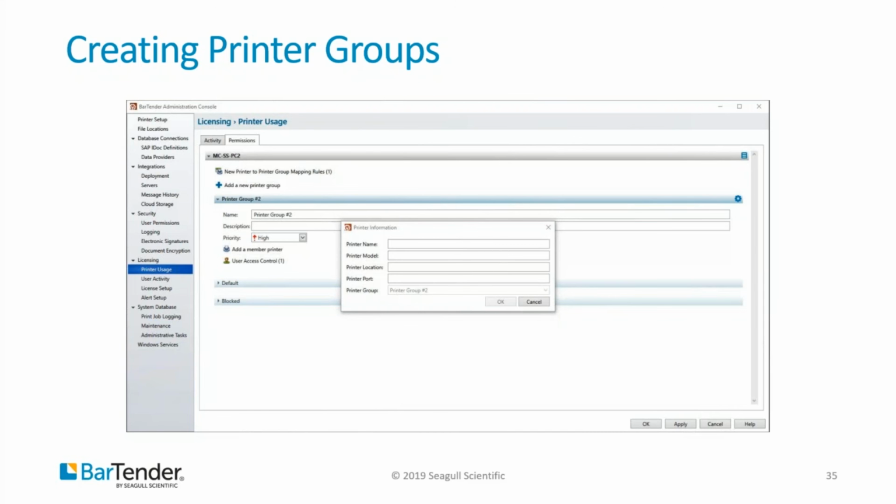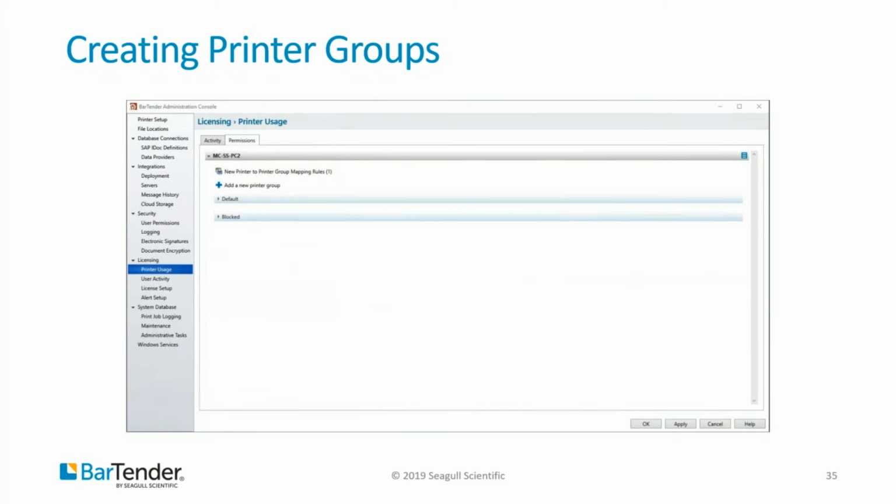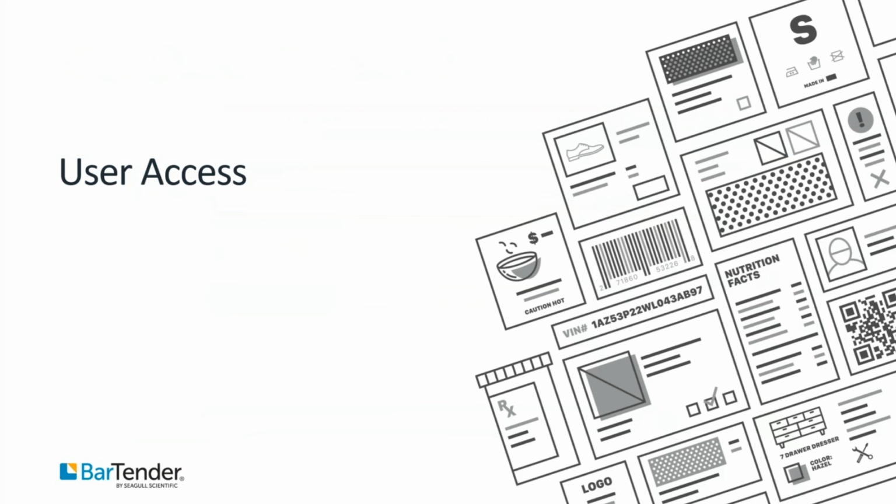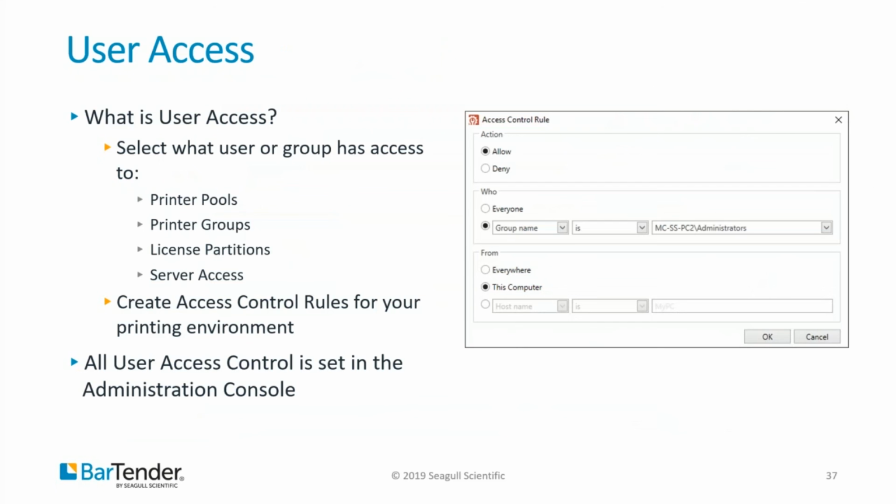So we've talked about setting up a lot of these different things, and we've talked about just in general that we can limit the access to all these settings and to all these options. So that gets into user access. It's going to be the same dialog wherever you click it. So this is what your dialog looks like.